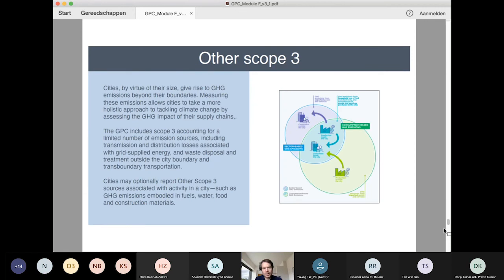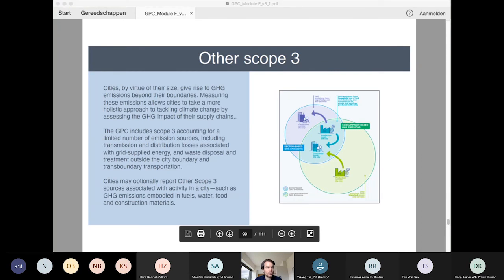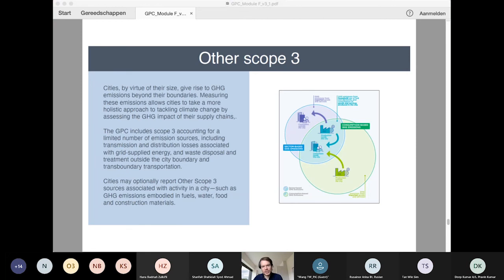There's a really useful diagram here, which is based upon a C40 study that we did a few years ago, where we looked at the GPC emissions for all our cities, and we looked at the other scope 3 emissions from our cities as well. The purple circle are all the GPC emissions, and the green circle are all the consumption emissions from everything the city does, but those emissions take place outside the city.